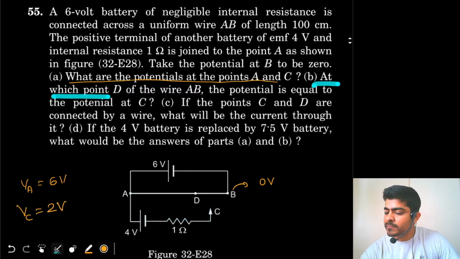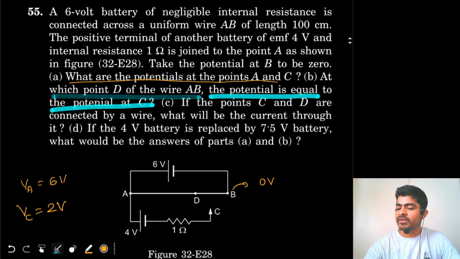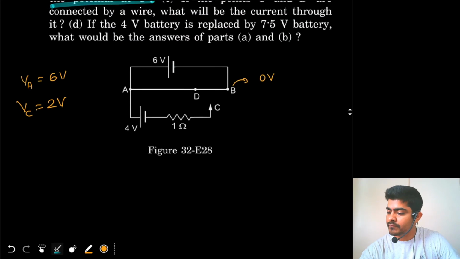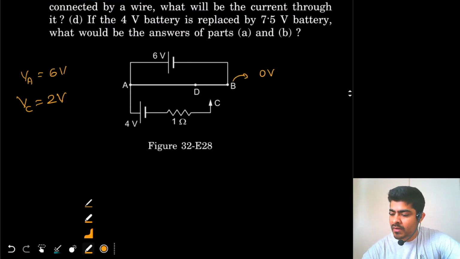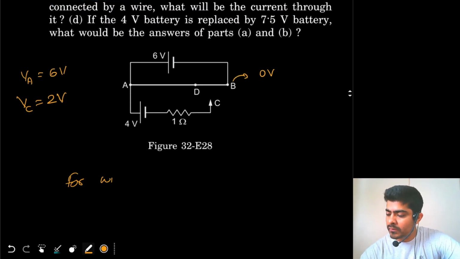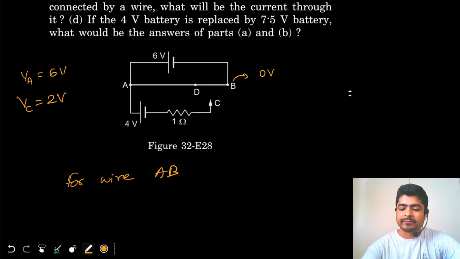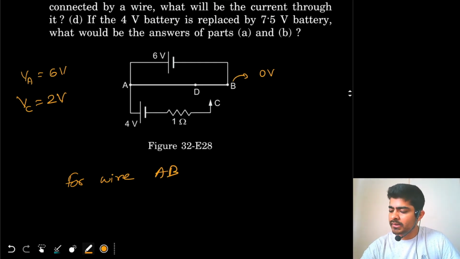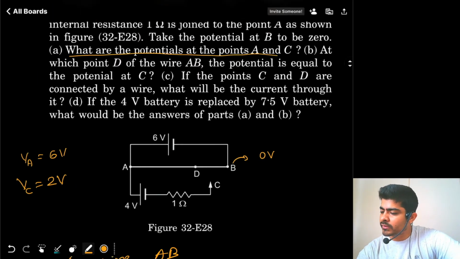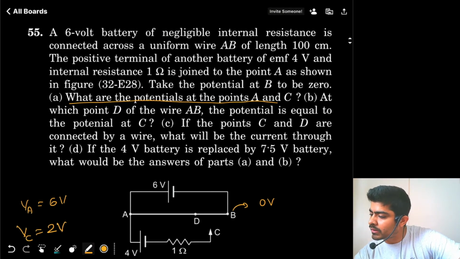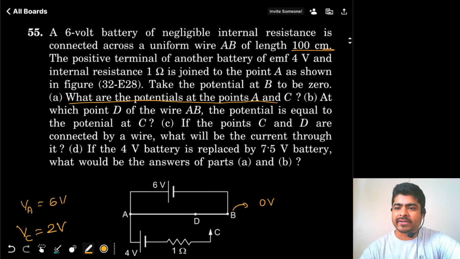Then at which point D of the wire AB the potential is equal to the potential at C. Okay, so now for wire AB, the length of the wire AB is how much? Length of the wire AB is given to be 100 centimeter, that is 1 meter.